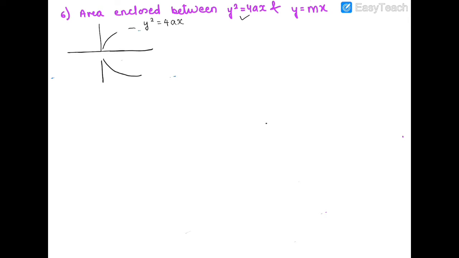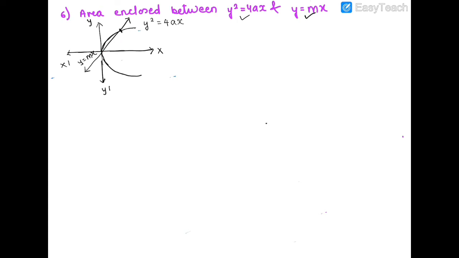So if you are to draw that line, it should be something like this. But I actually do not know what is this point. Alright, so I have two curves, and this is x dash, y dash, and this is a line y is equal to mx. So I have two curves, and I can see here this line cuts the parabola at a certain place, here and here.